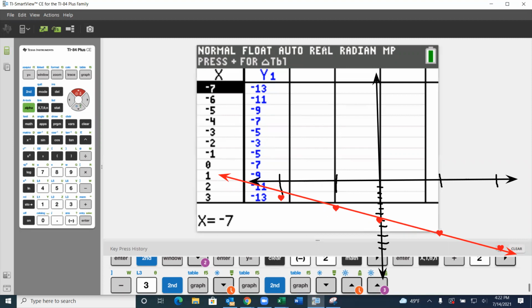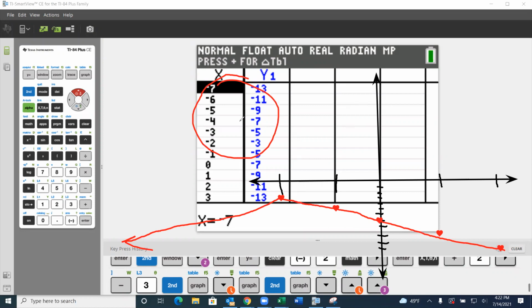So what it should have looked like was just kind of coming up and then going back down again once you get there. But that's what you're going to do: plug points in, and you can do it by hand like I've done earlier today more than once, or you can do it on the table. You need to know how to do it both ways.